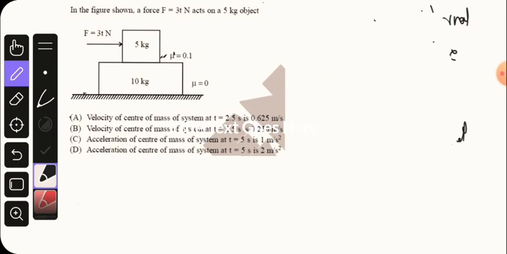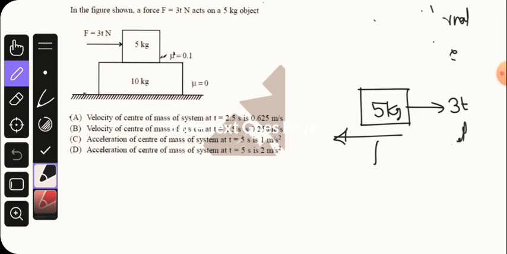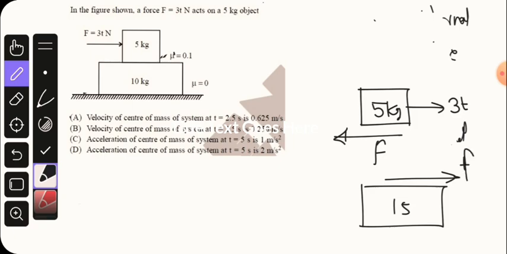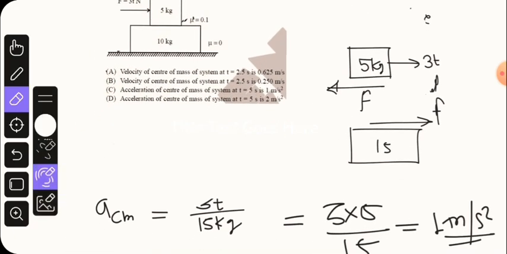Okay, so this is the 5 kg block, a 3t force is acting on it, and there is also a frictional force, right? And if you consider the 10 kg block, there is also a frictional force. So there will be two scenarios, right?